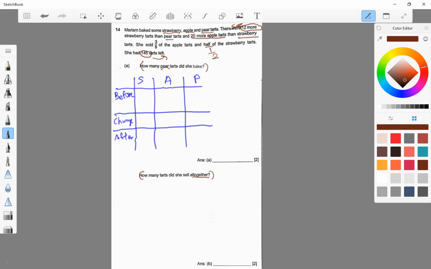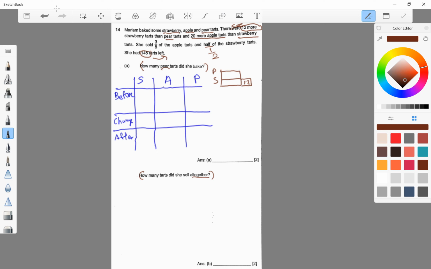So if we compare pear as compared to strawberry, because we have pear, we have strawberry, we say that strawberry there's 12 more. Like what I'm trying to do for the small model by the side.